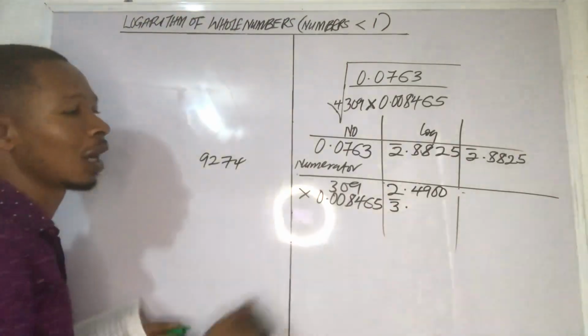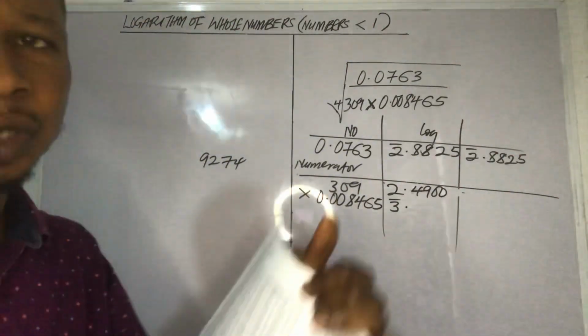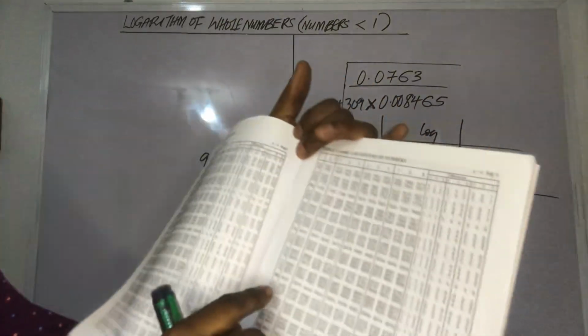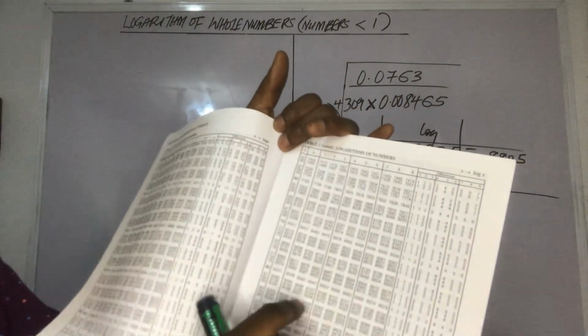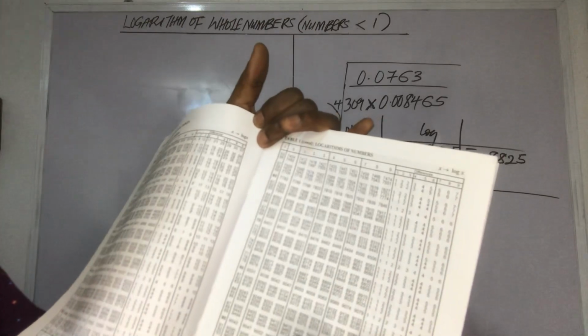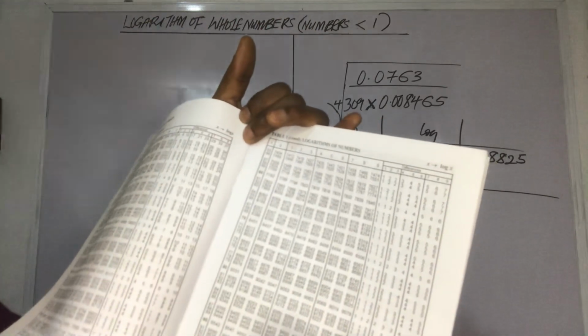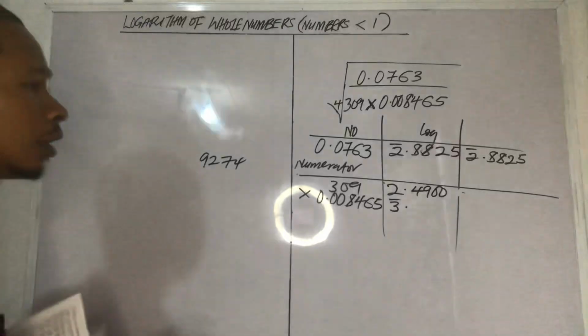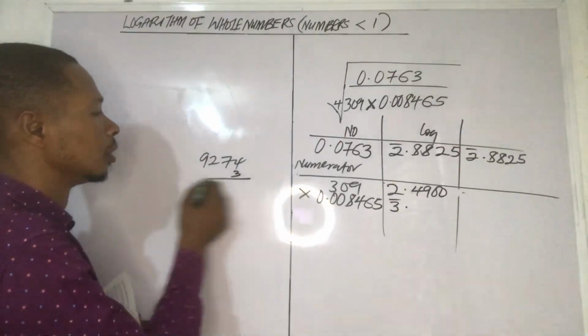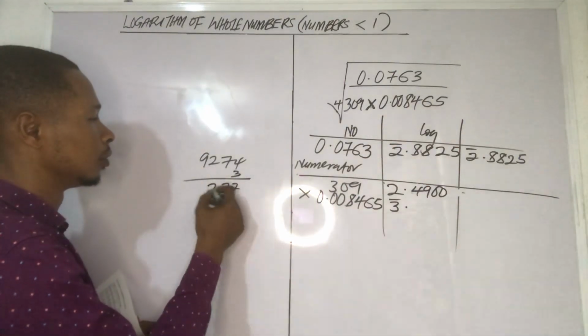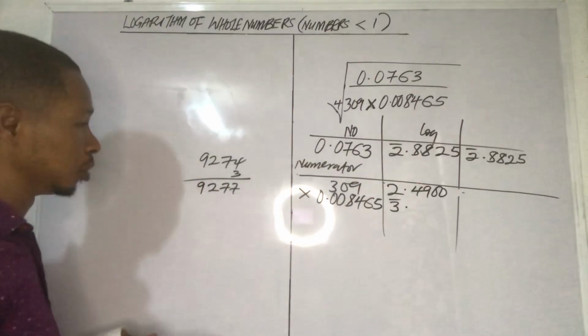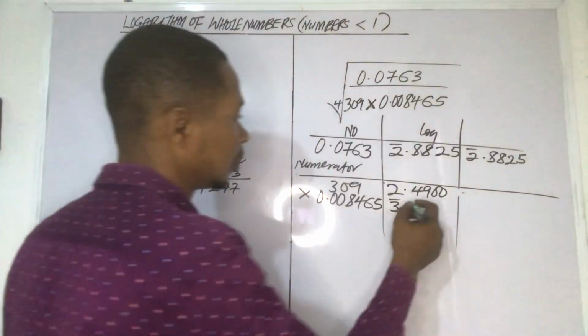Then I'll add the difference 5. So 84, difference 5 is 3. So this will be 7: 9277.